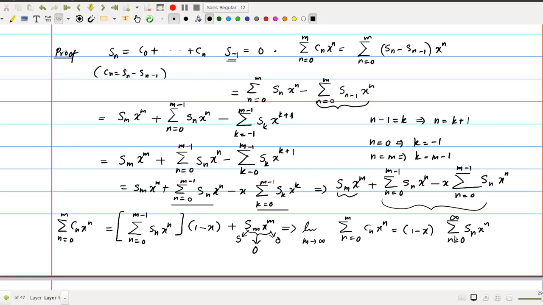So the right side will be like this, the second term tends to 0, so the right side will be 1 minus x times summation n equal to 0 to infinity, S_n x^n.